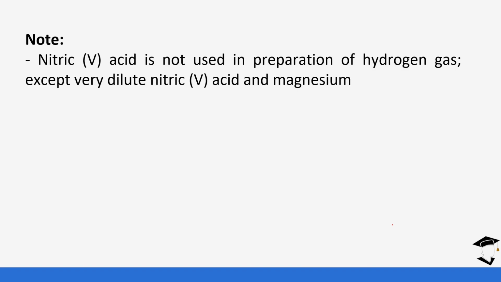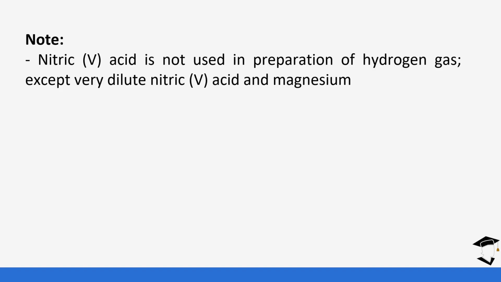So one thing to note when it comes to the preparation of hydrogen gas: we said that the most suitable acids are hydrochloric acid and sulfuric acid, and that they are dilute. The reason why we do not use dilute nitric acid is because it's not that suitable.